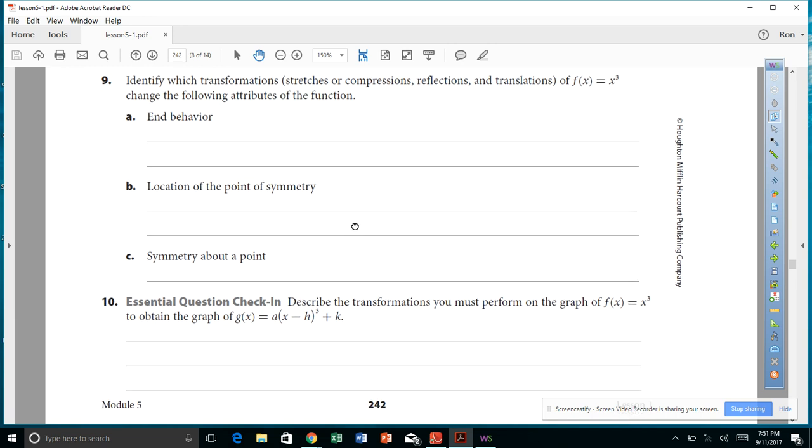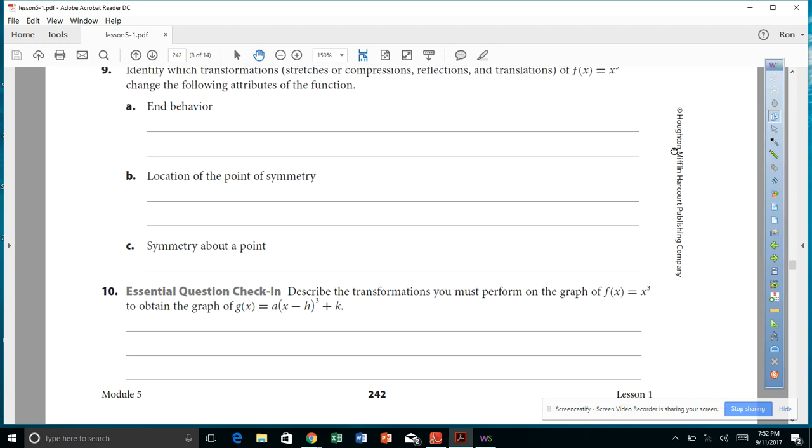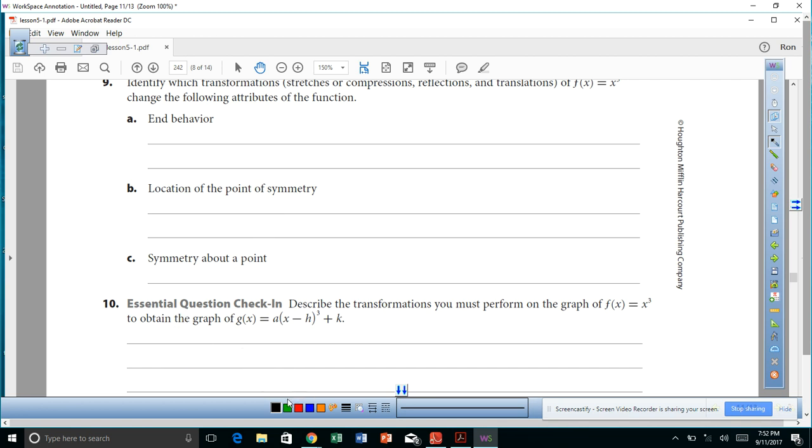Identify which transformations, stretches or compressions, reflections and translations of f of x equals x cubed change the following attributes of the function. So the end behavior, what changes the end behavior? Let's see here. Reflections across the x-axis, and so that's a is less than 0.